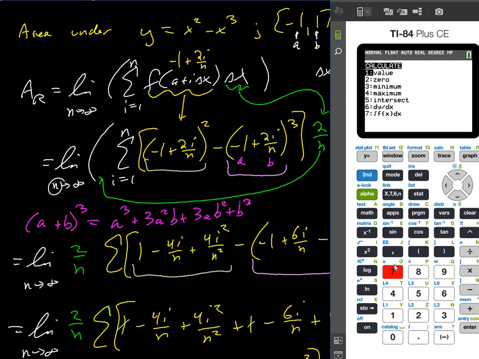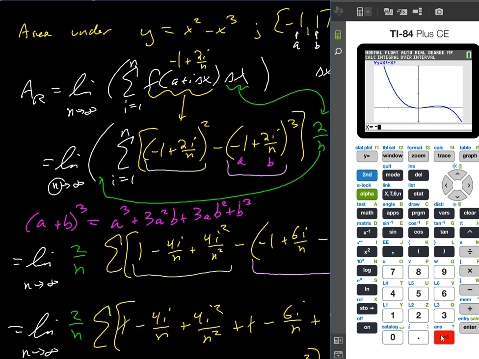Now I type in the lower limit, which is -1, enter, and then the upper limit, which is 1. And look what it does. It adds up the whole area under the curve. It only gives me a decimal, but what do you know? It's 0.6 repeating. So 2/3. That's one way to do it.